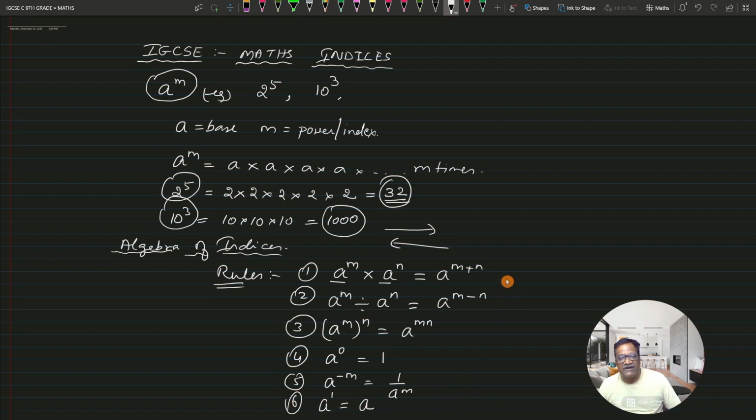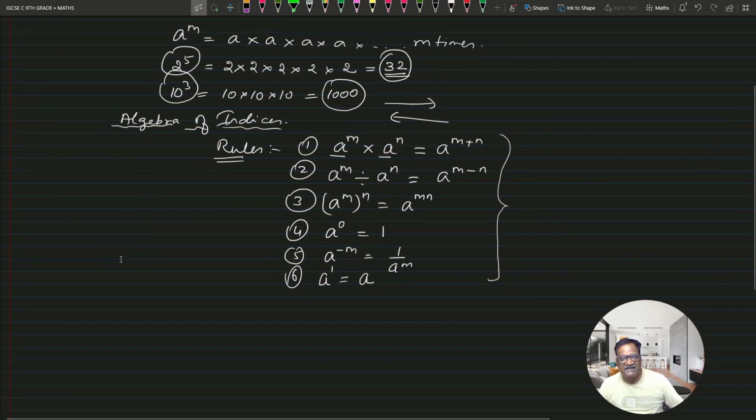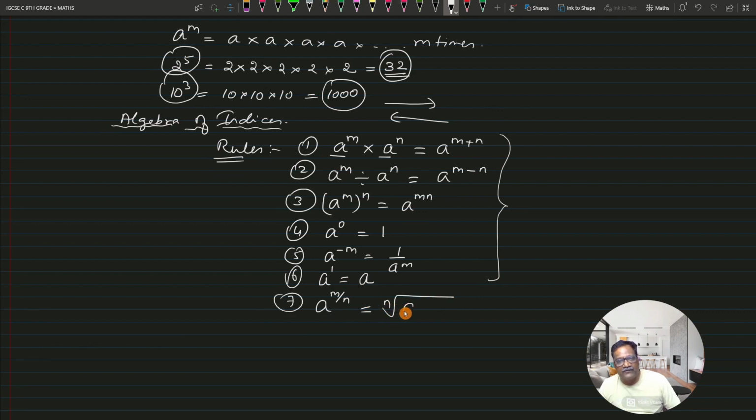Once you understand these 6 rules, you can apply them and simplify numbers given in the indices form. Is that clear? And the seventh one is a raised to m upon n can be written as the nth root of a raised to m. This is the seventh rule.